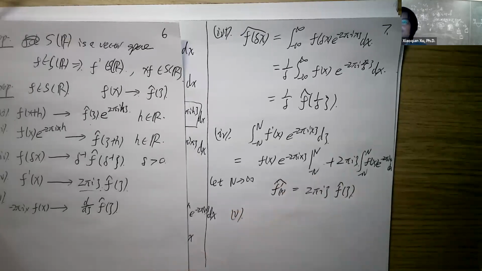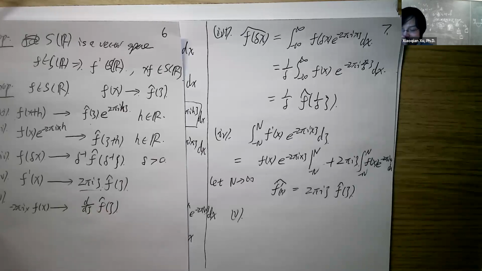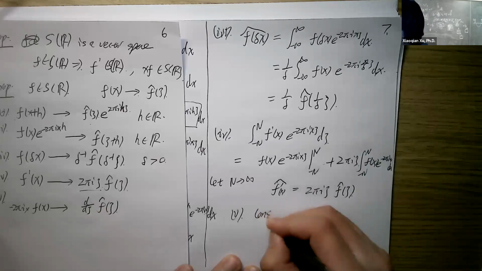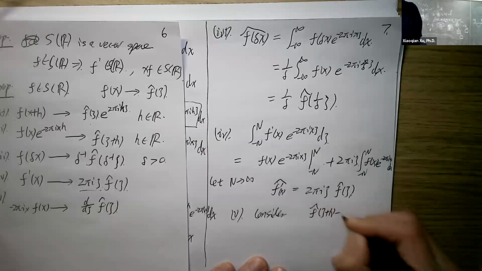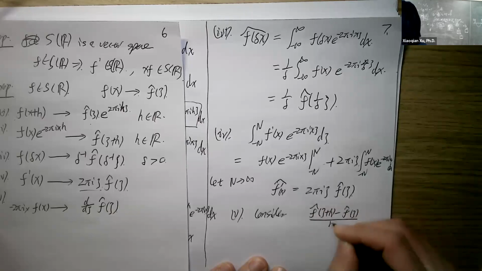Lastly, we want to show this kind of thing. If we really show that the Fourier transform, if you take this four times, then you should go back to f. Or if we already find what the inverse Fourier transform is, then probably this will be very easy. But at this moment, we don't really know how to do this kind of calculation. Then, for this part, let's consider this expression: f hat of xi plus h minus f hat of xi, divided by h.